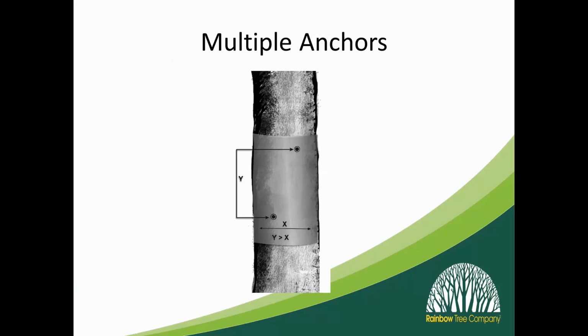All right, so when we're installing multiple anchors, and this is really steel anchors in this picture, we need to be a distance apart greater than the diameter of the wood you're installing it into. So if you have like 10-inch wood, it needs to be 10 inches apart, or 12 inches, whichever is less.